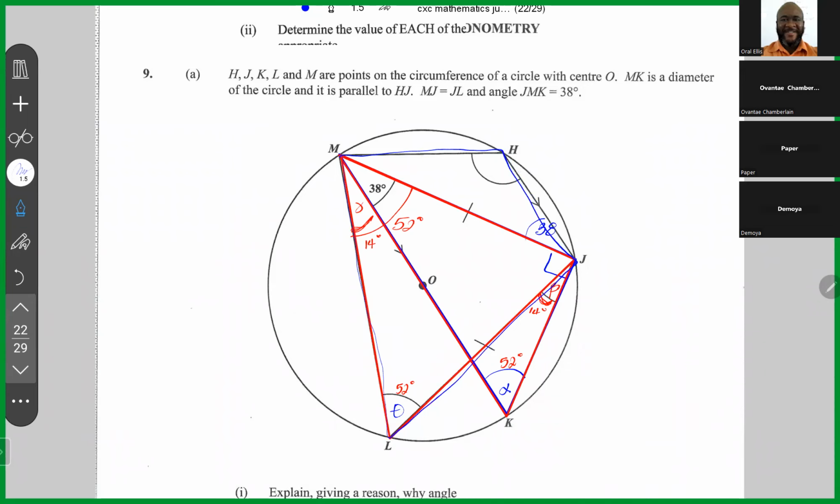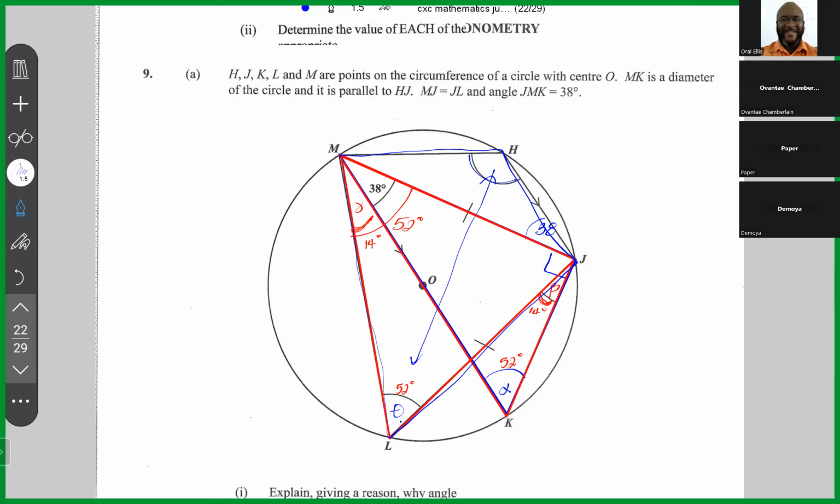MHJL is a cyclic quadrilateral. Opposite angles in a cyclic quadrilateral are supplementary. So these two angles here must add up to 180 degrees. They're opposite angles in a cyclic quadrilateral.